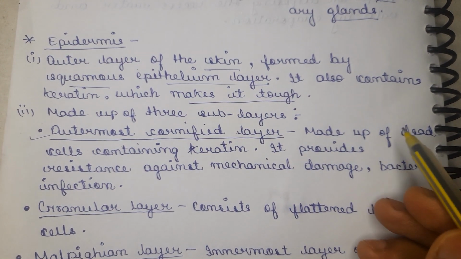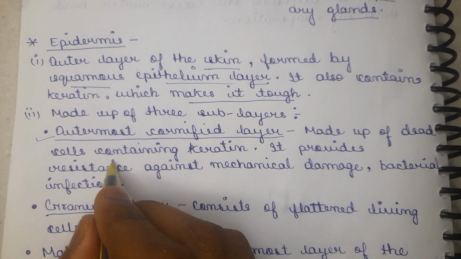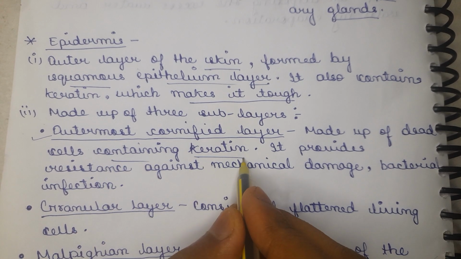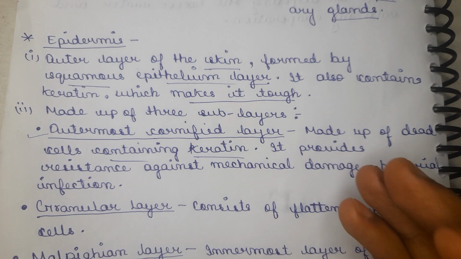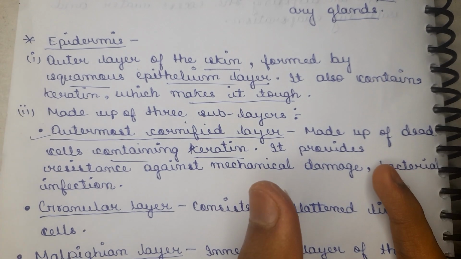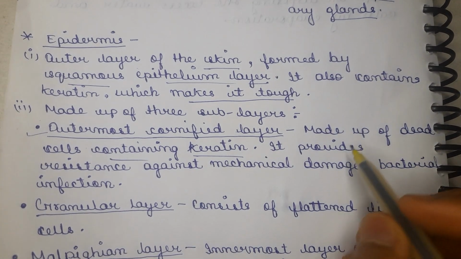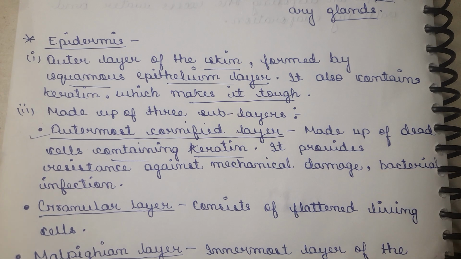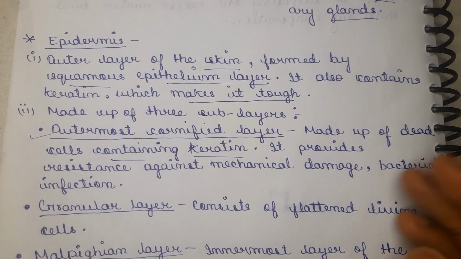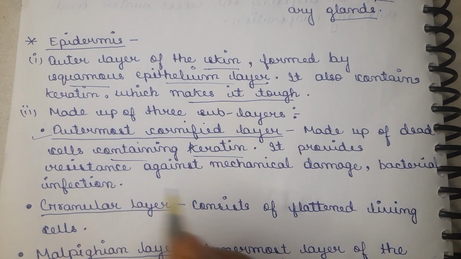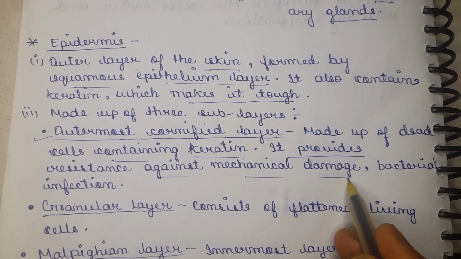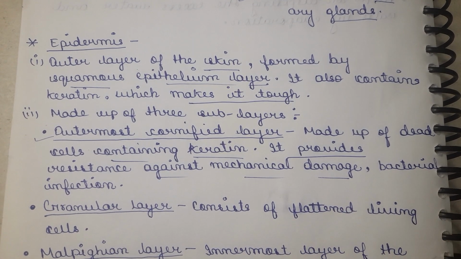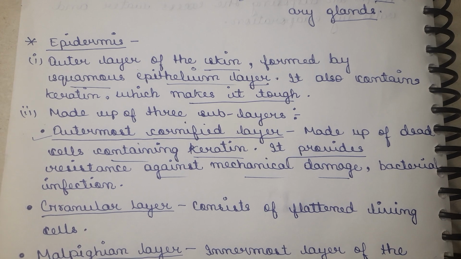So, the outermost cornified layer is made up of dead cells that contain keratin, and we already know that keratin forms a tough outer covering. The cells in this layer get worn out and are continuously replaced. So this layer provides resistance against mechanical damage, or any physical damage.